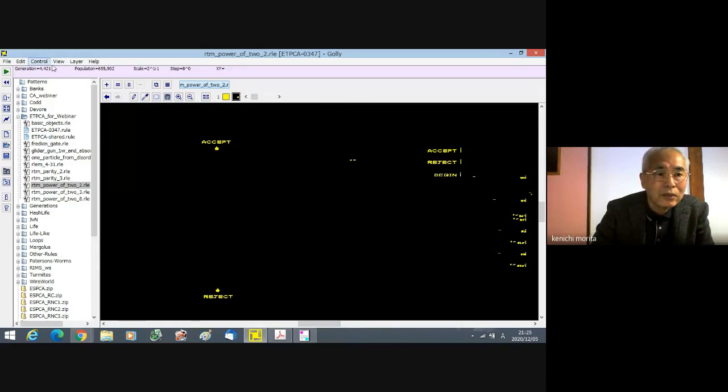Now we use high-speed mode. It may be very hard to look at the time step, but here is the time.